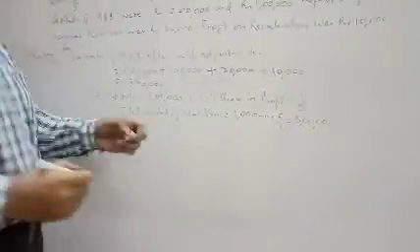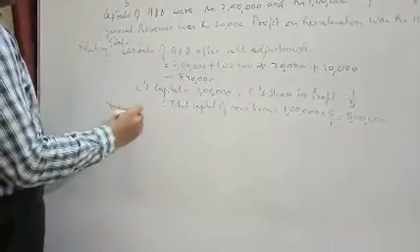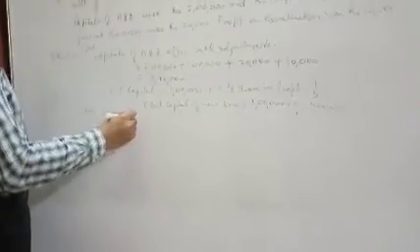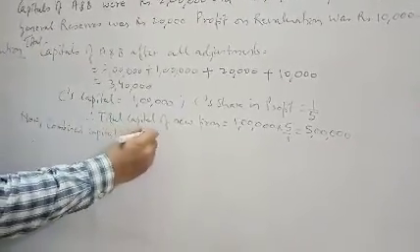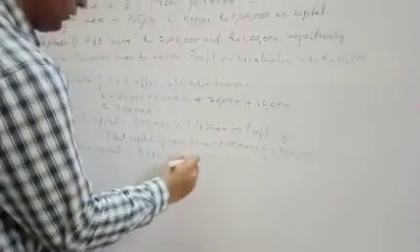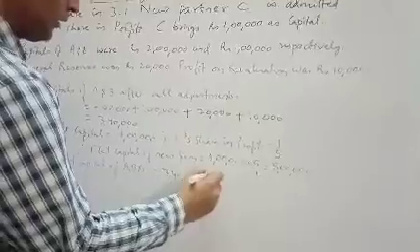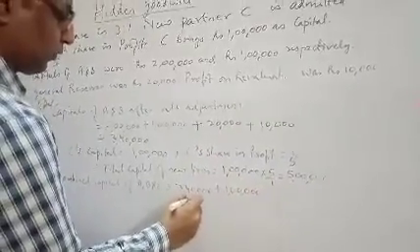This is the total capital of new firm. Now we will find the combined capital of A, B and C, which is the capital of A and B plus 1 lakh, which is equal to 4,40,000.